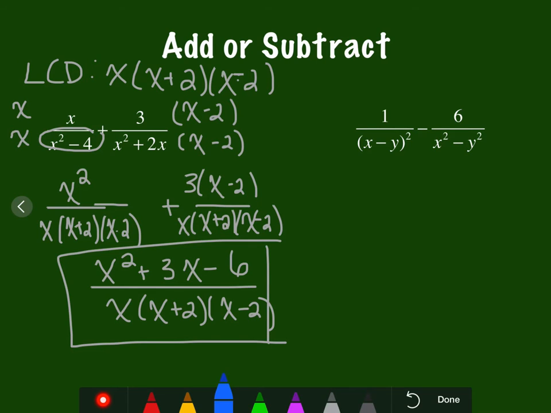Okay, in our last example, we have 1 over x minus y squared minus 6 over x squared minus y squared. My least common denominator here is x minus y squared times x plus y. In my first fraction, I'm missing the x plus y.